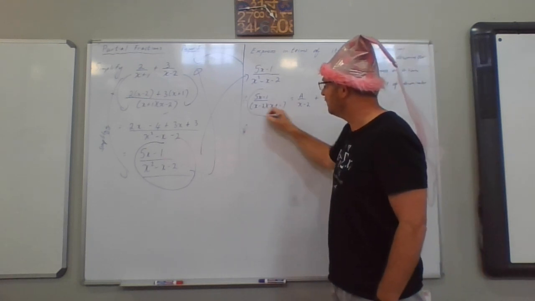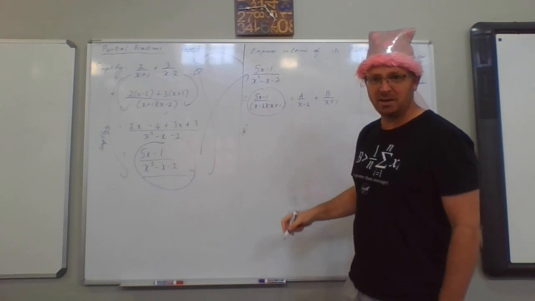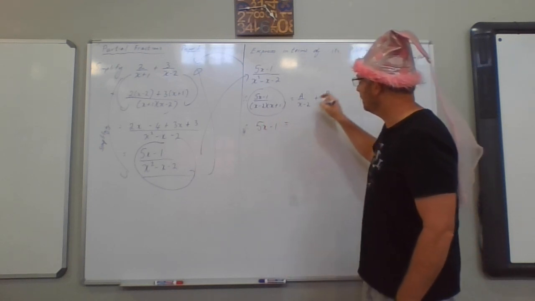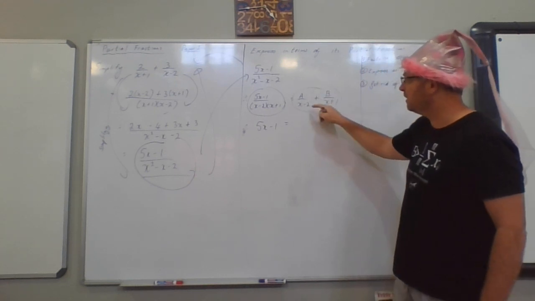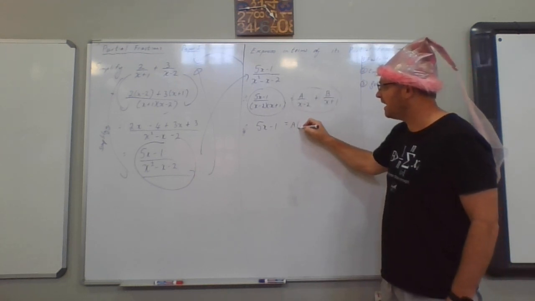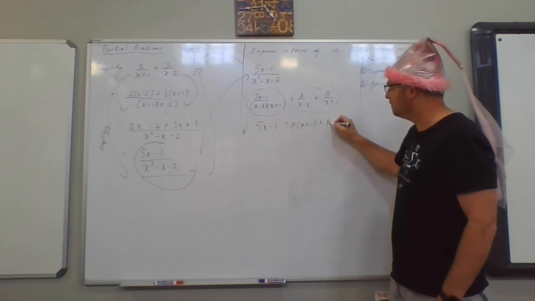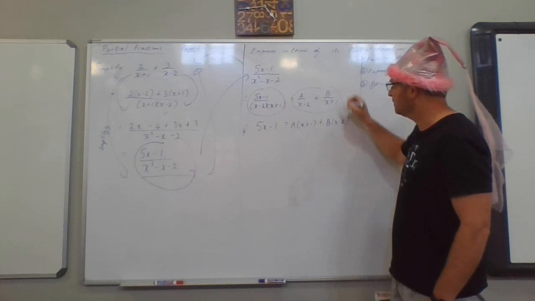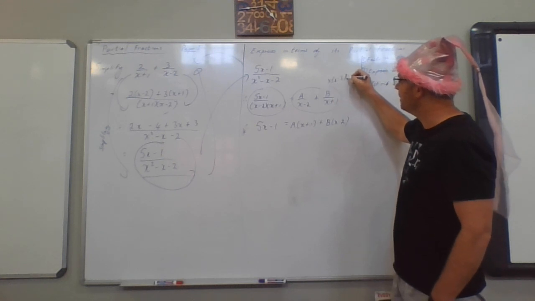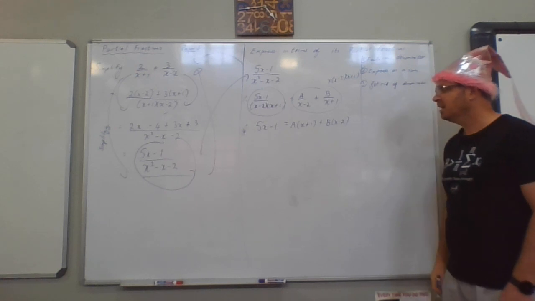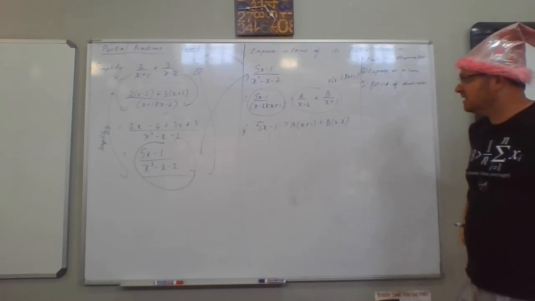So when I times this thing over here by (x minus 2)(x plus 1), I'm left with 5x minus 1. When I times the A term by (x minus 2)(x plus 1), the x minus 2's cancel, so I'm left with A times (x plus 1), and I'll be left with B times (x minus 2). I'm timesing every single one of those three terms. Don't times it out, just leave it like that.